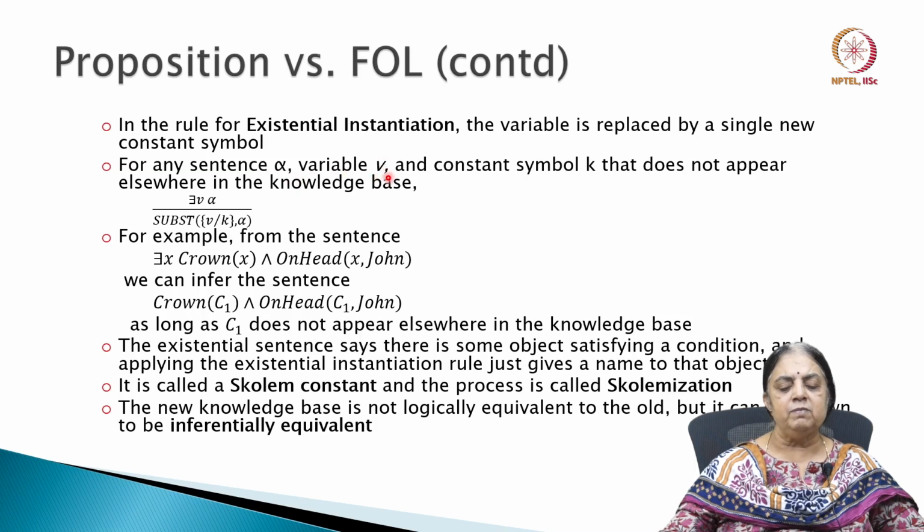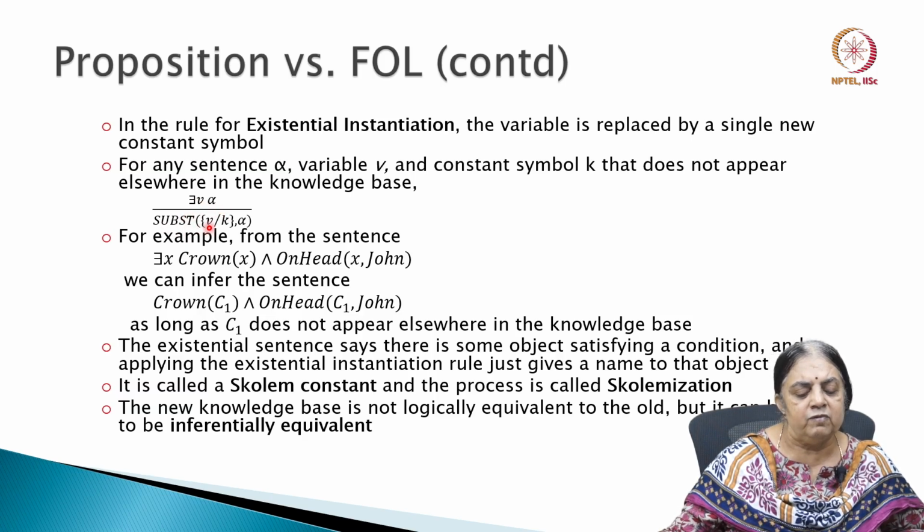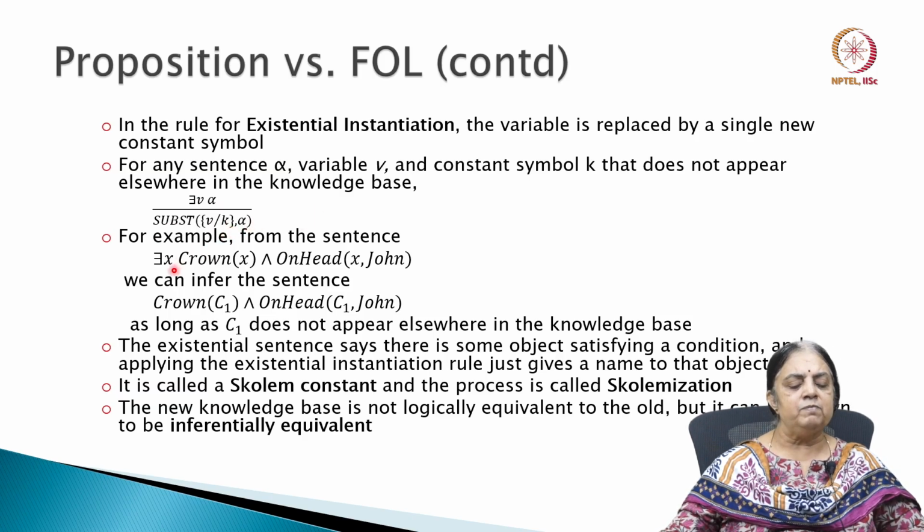You need to replace v with the constant symbol, say k, which is not used anywhere else in the knowledge base. So if you have there exists v alpha, for v you substitute k in the sentence alpha. For example, there exists x, Crown(x) and OnHead(x, John).